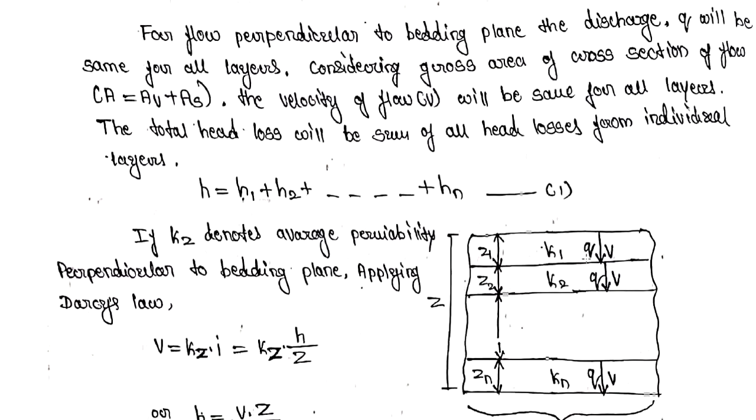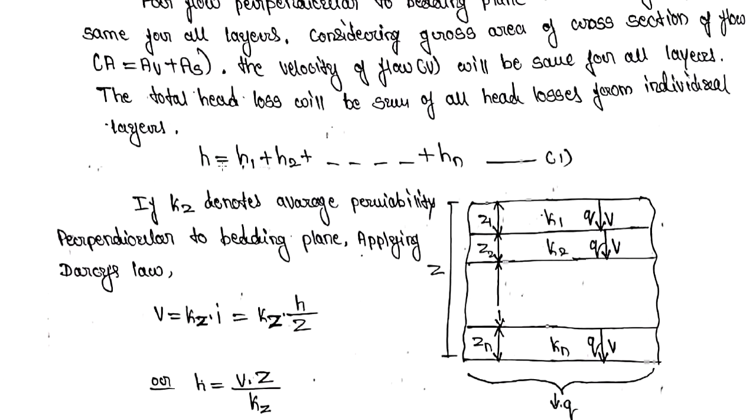Similarly, the area of cross section we are going to take for all the layers, but the only thing which is going to change is the total head loss from here to here, which is the sum of head losses in all the layers. So I can write h is equal to h1 plus h2 plus so on hn. So total head loss is equal to this equation.